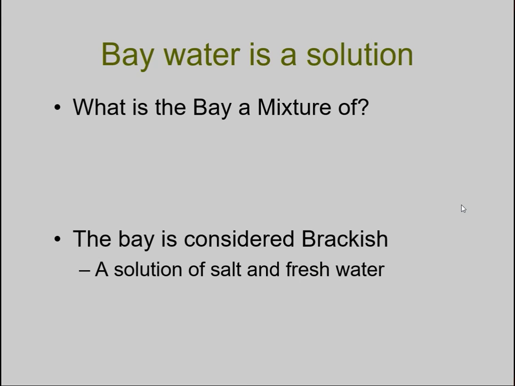So when they mix in the middle, you have a gradient of different amounts of salt, and whenever you have a body of water that has a variable amount of salt in water, it's going to be referred to as brackish. It's going to be a mixture.